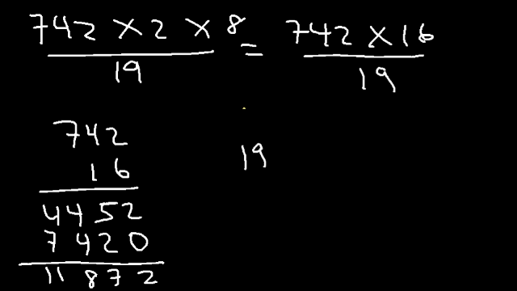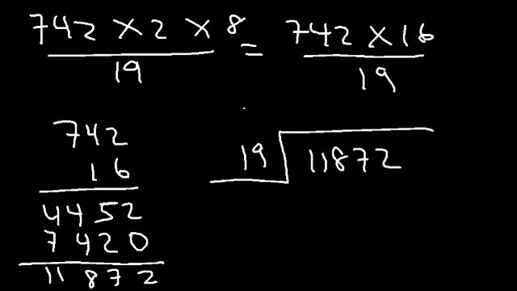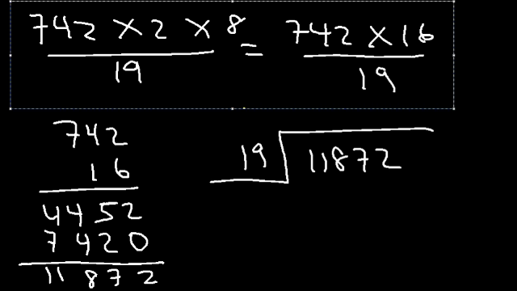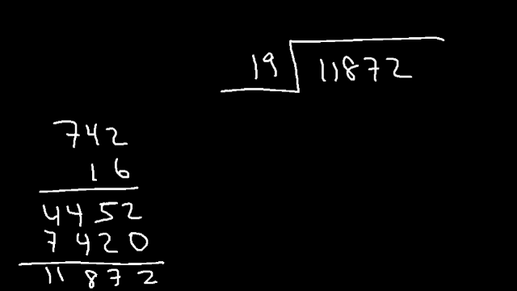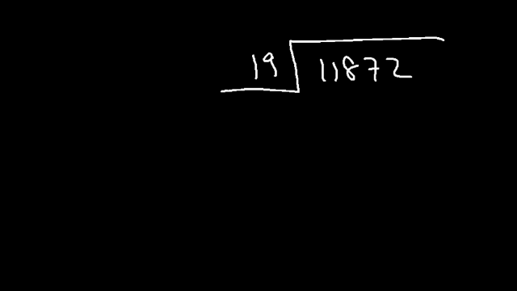So how can we divide 19 into 11,872? So we might need some space. So let's move this up here. So how many times does 19 go into 118? So 19 plus 19, that's 38. If you add it again, it's 57.